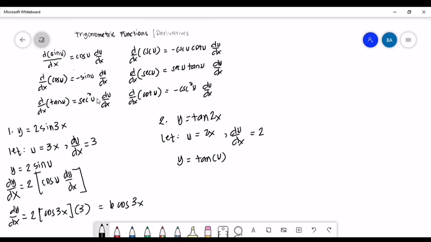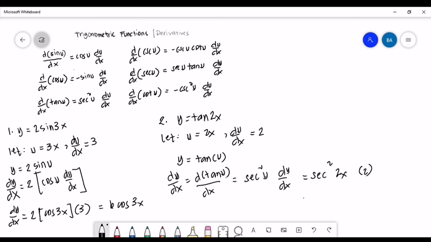So dy dx equals secant squared u times the derivative of u with respect to x. Our u is 2x, and du dx is positive 2.